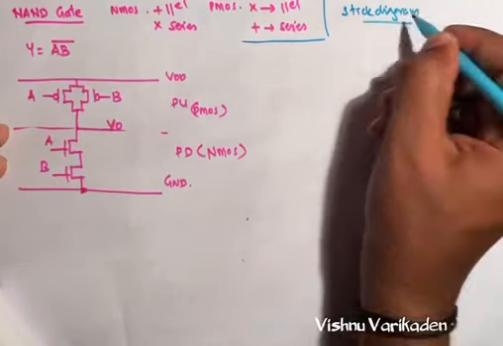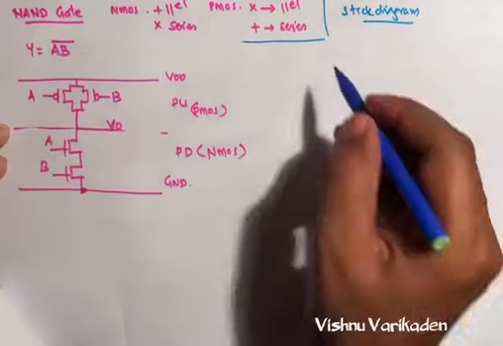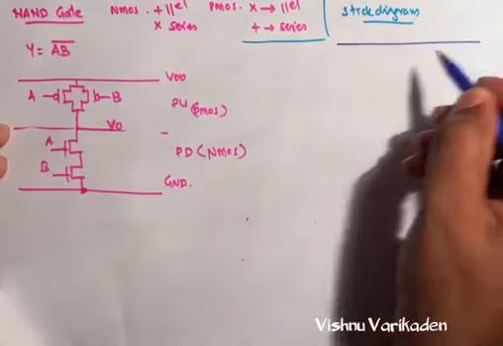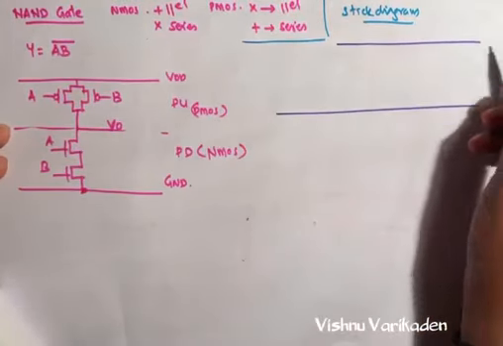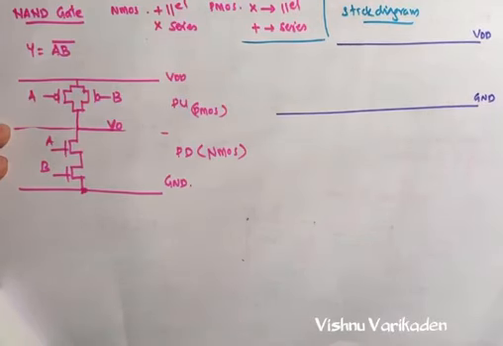of NAND gate. So we can make blue for metal. This is VDD and this one is ground. So we can make the PMOS and NMOS is here.